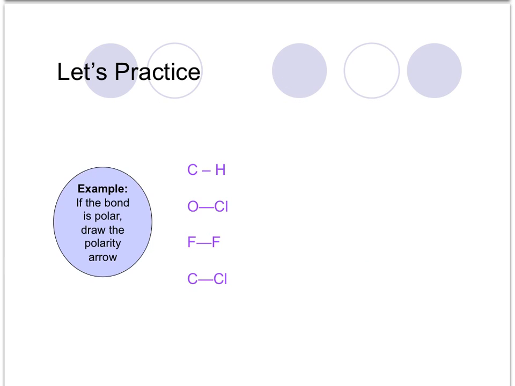So let's do some quick practice in identifying if a bond is polar, and if so, we will draw a dipole to represent the separation of charge. In the first example, we have carbon-hydrogen. Since carbon and hydrogen are an anomaly, we must always remember that they are a non-polar covalent bond, and because of that, there will not be a dipole.